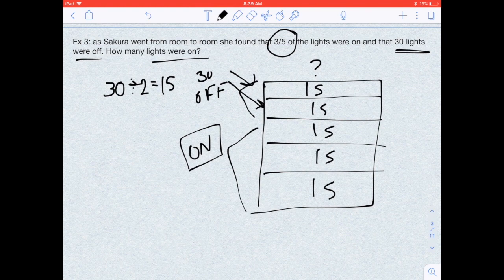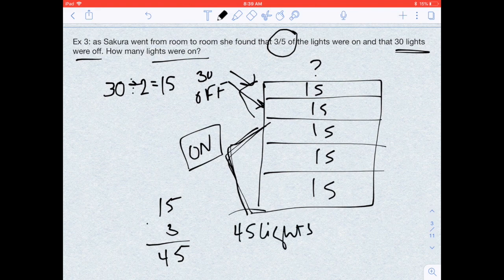And I know that these are my boxes that are on. So 15 times 3 gives me 45. So I can say 45 lights were on. I actually don't even need to know my total. I think it might be helpful, but it doesn't ask me for it. So if I did need a total, it would be 75 lights. But since it doesn't ask me, that isn't something you necessarily have to do.